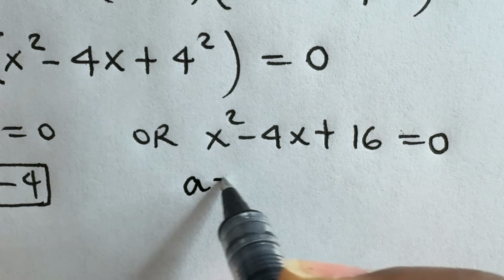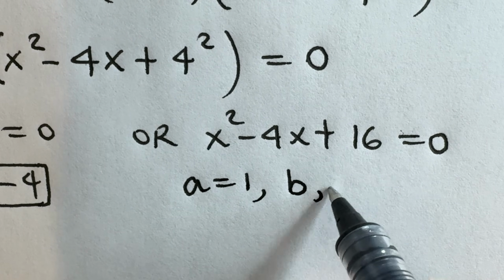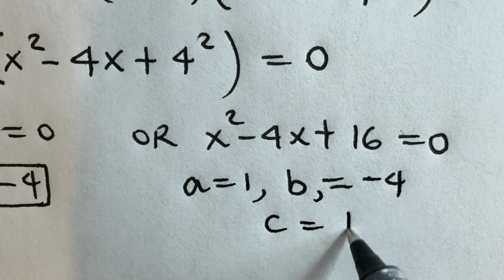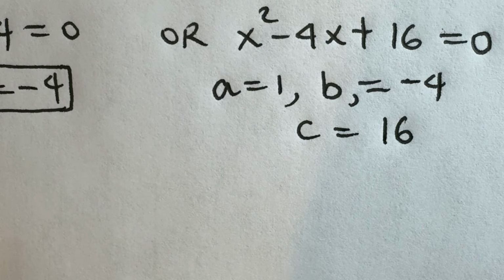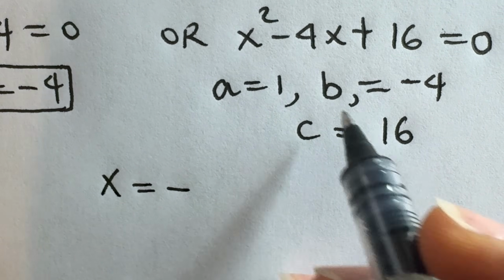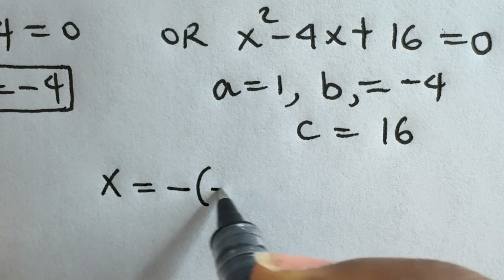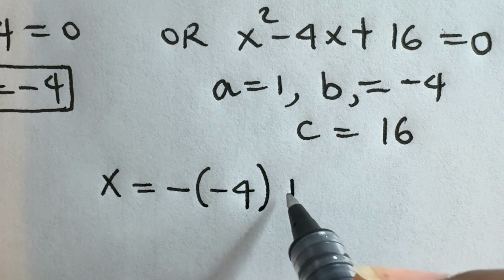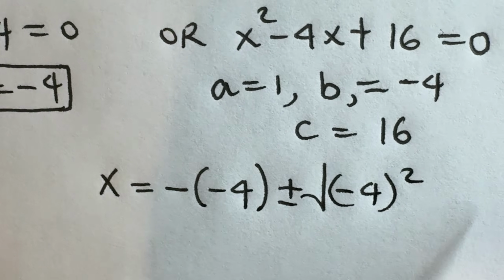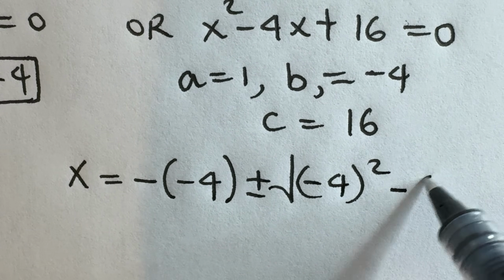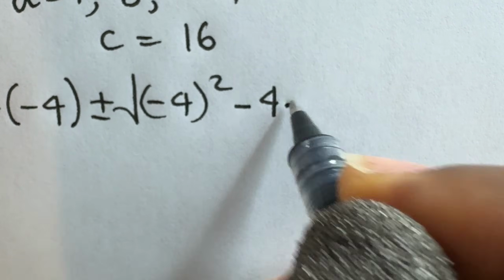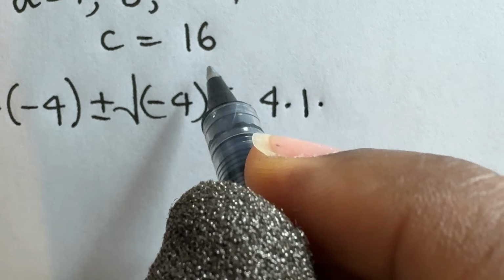So here a is going to be 1, b is -4, and c is 16. Our quadratic formula, x is going to be minus, b is -4, so we say -4 plus or minus square root of -4 squared minus 4 times a is 1 and c is 16.